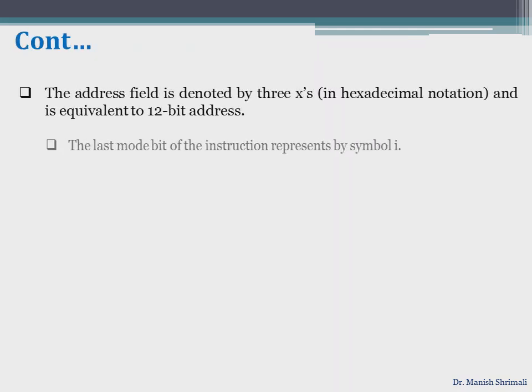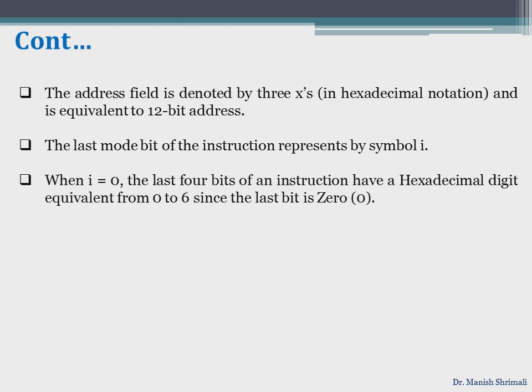Next, the address field is denoted by 3 x's, xxx, and is equivalent to a 12-bit address, as we had seen. The mode bit field of the instruction is represented by the symbol I, and we know that when I is equal to 0, the first hexadecimal digit of an instruction is equivalent from 0 to 6, since the leftmost bit is 0 over here.